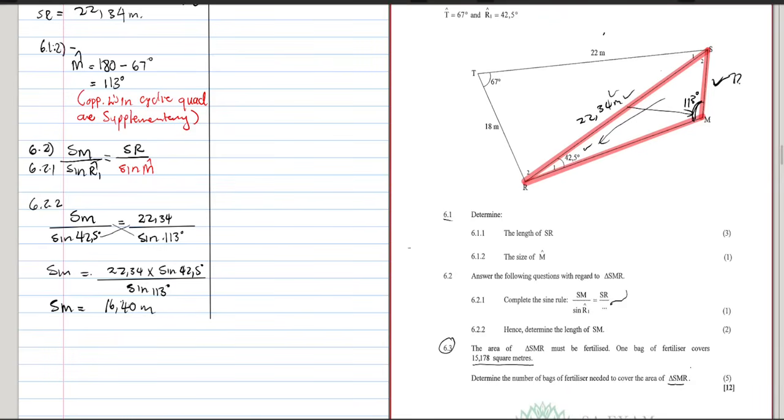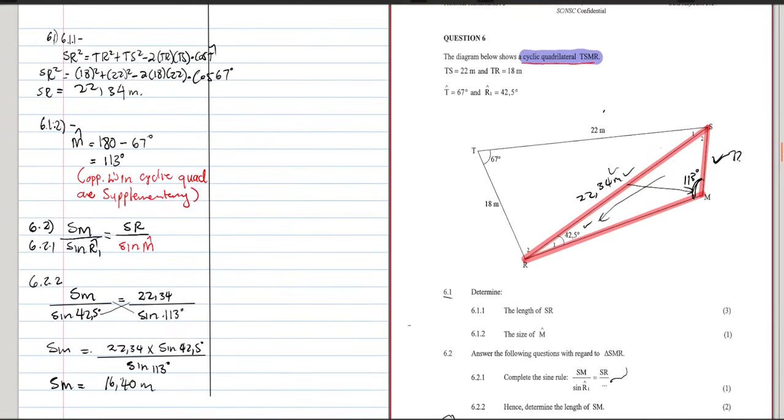We'll have to find the total area to be covered. In other words, we'll have to find the area of that red triangle. After finding the area, we're going to divide by the area covered by 1 bag of fertilizer. The answer we get after dividing those 2 areas is going to tell us how many bags are required.